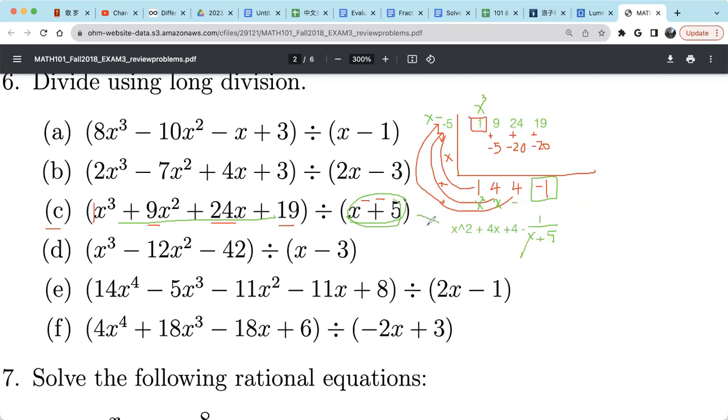So that's the answer for C. The quotient is x squared plus 4x plus 4. The remainder is -1 over x plus 5. Right? It's a rational expression. So we have the quotient as a polynomial, but the remainder is always a rational expression.